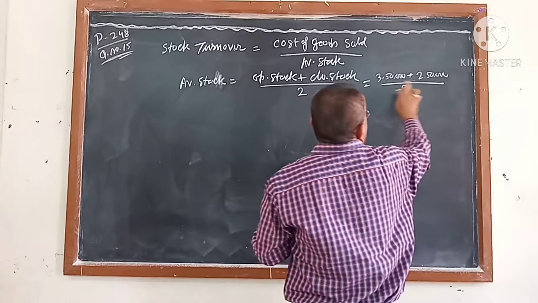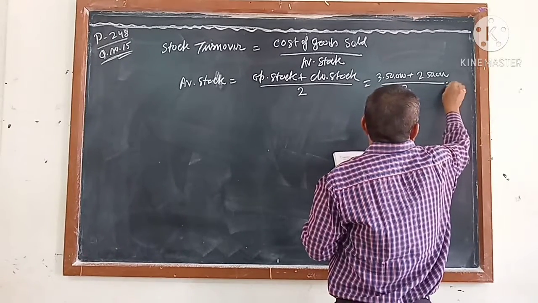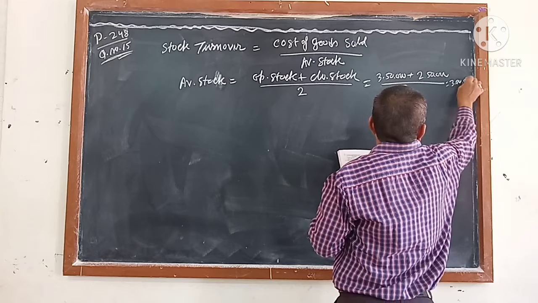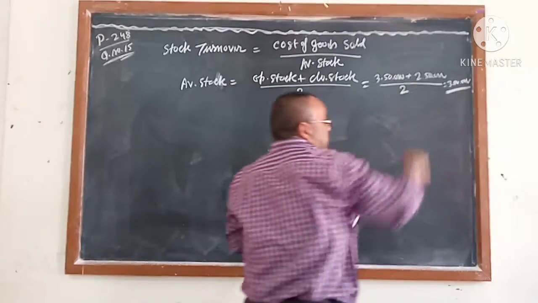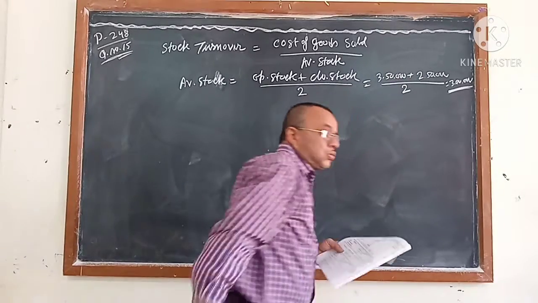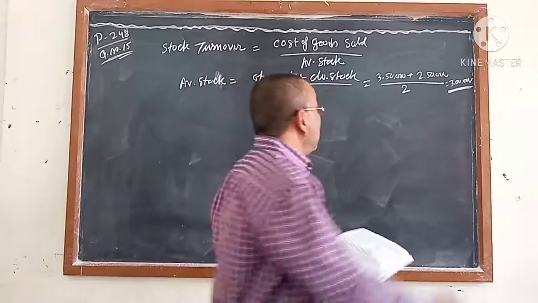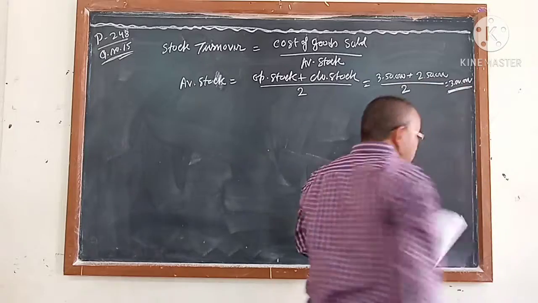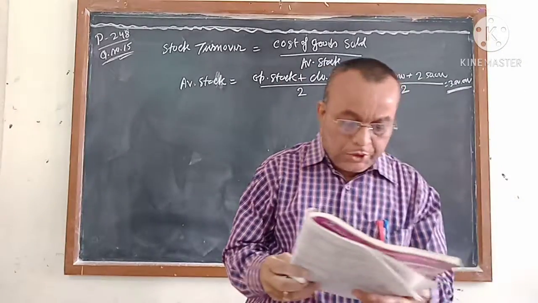It comes 3 plus 2, 5 plus 1, 6 lakh divided by 2, which is equal to 3 lakh. So you got that one. Average stock is equal to 3 lakh. So one point you got.